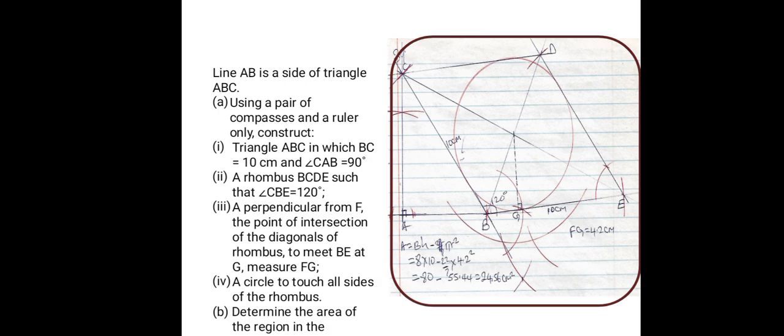A perpendicular from F, the point of intersection of the diagonals of the rhombus, to meet BE at G. Measure FG. 4. A circle to touch all sides of the rhombus. B. Determine the area of the region in the rhombus that lies outside the circle.